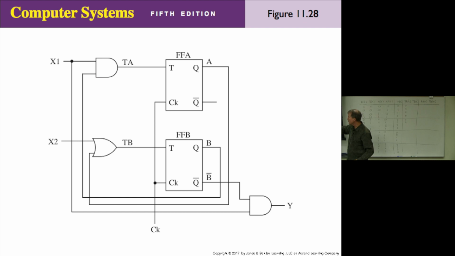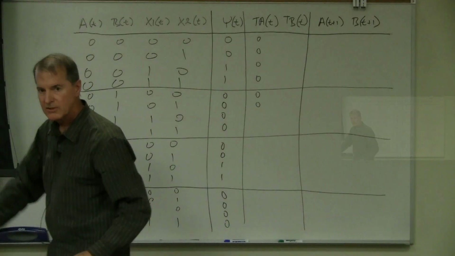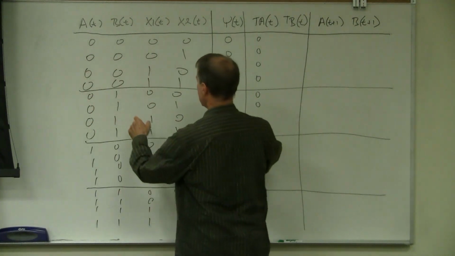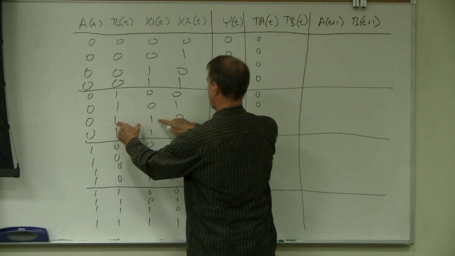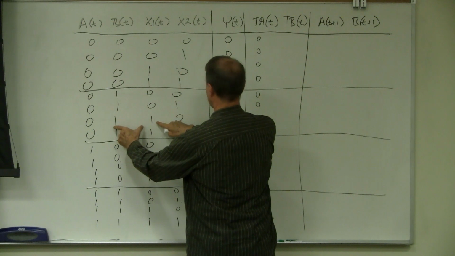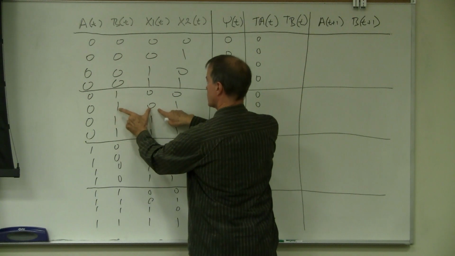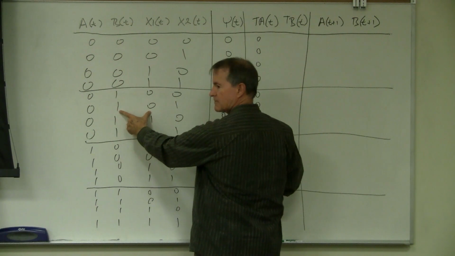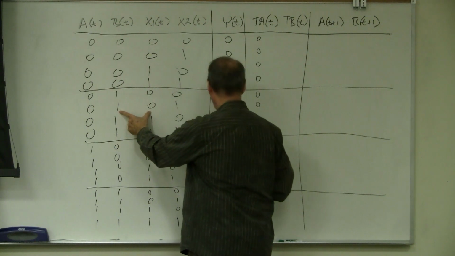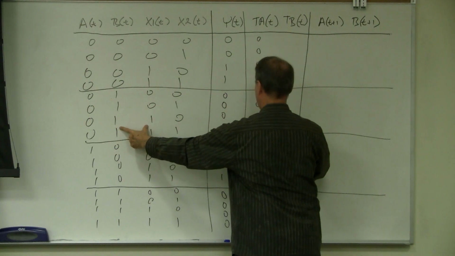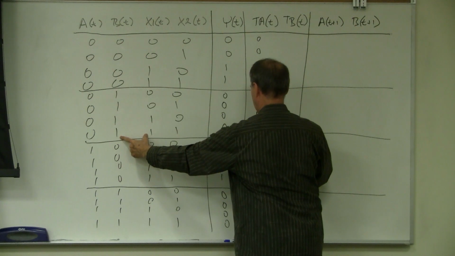TA is X1 and B. So we're taking 0 and 1. You see how that works. Okay, so 0, next. 1. 1.